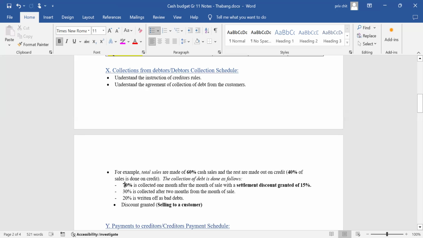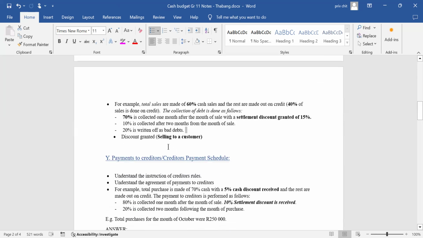Just change this to make it 10%, and then the other 20%, maybe they will say it will be written off. So that's for your debtors collections schedule. You need to pay attention to detail to see how they are collecting the payments from their debtors. That's what you need to pay attention to.